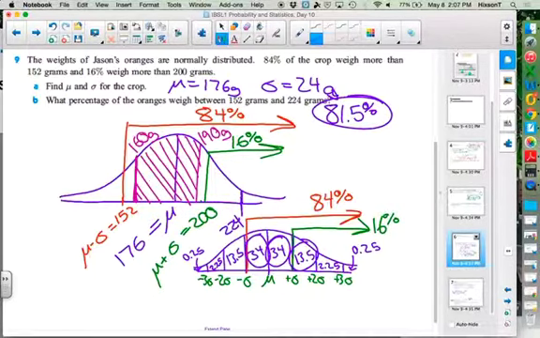So what percent of the crop lies in that region? That's what we want to look at today.